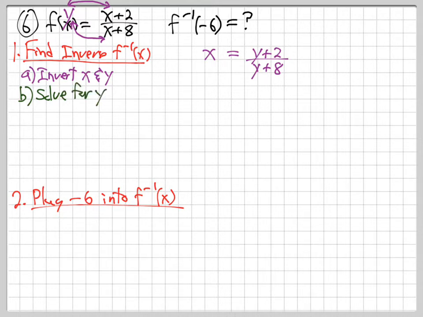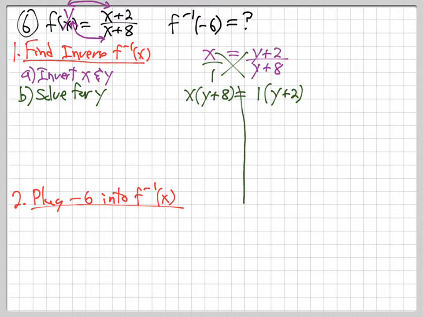So you know what to do, right? When you have fractions, put this over 1, diagonal, diagonal. So we get x times y plus 8, 1 times y plus 2. And then we'll distribute xy plus 8x, distribute y plus 2. Okay, so here again we have y. What do you do when you have y and 2? Move this over.